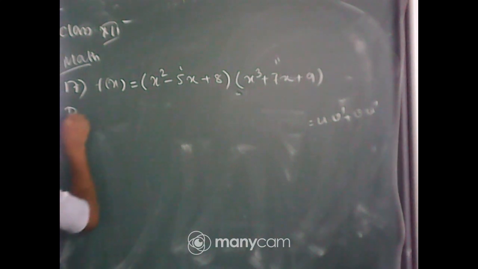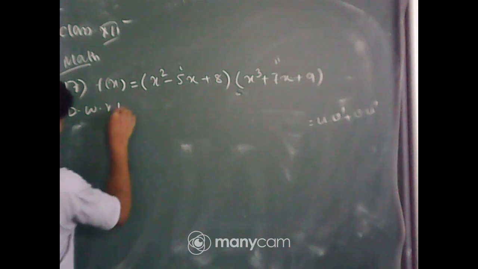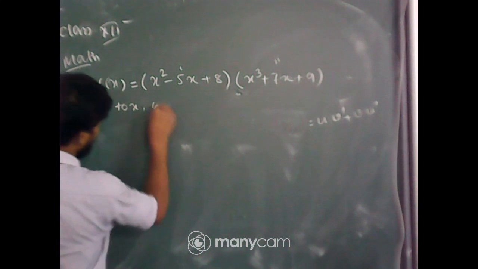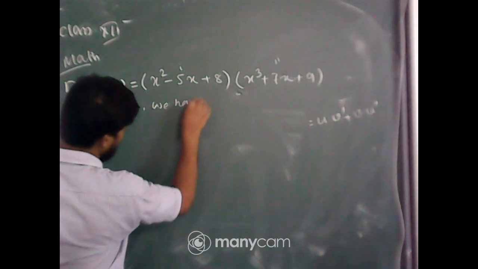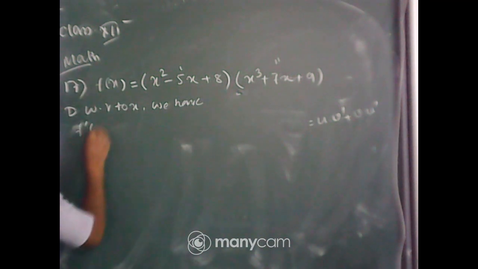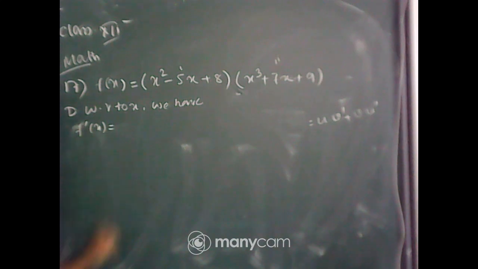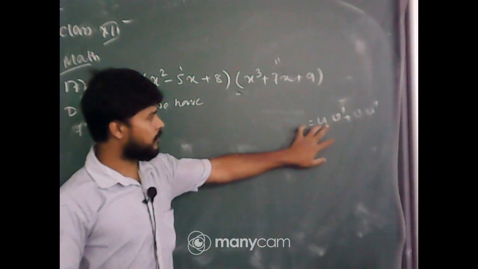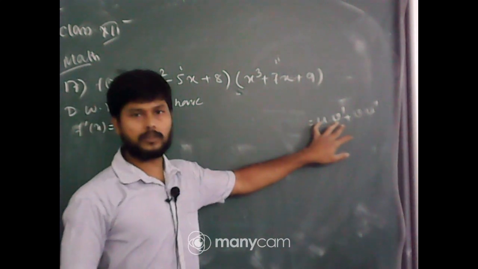So differentiating with respect to x, we have f dash x is equal to, the formula is first function kept fixed into derivative of second function.